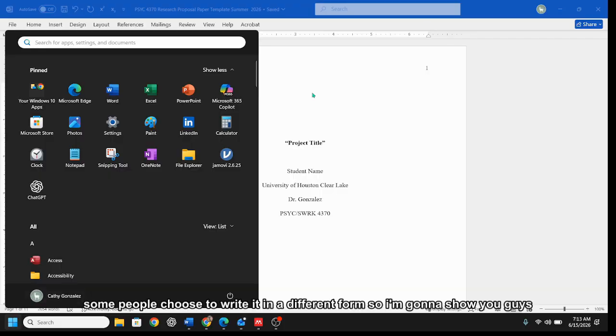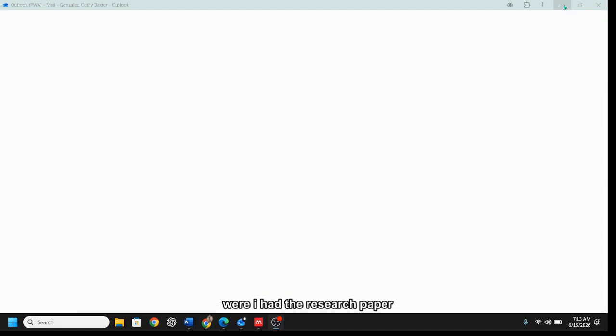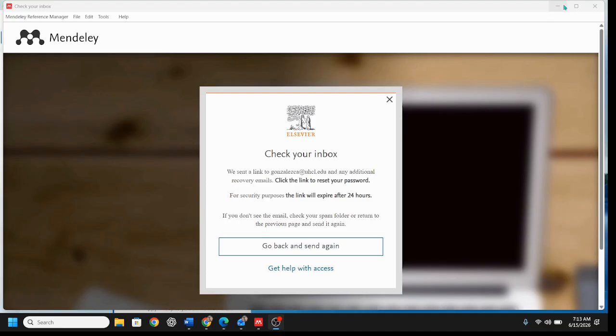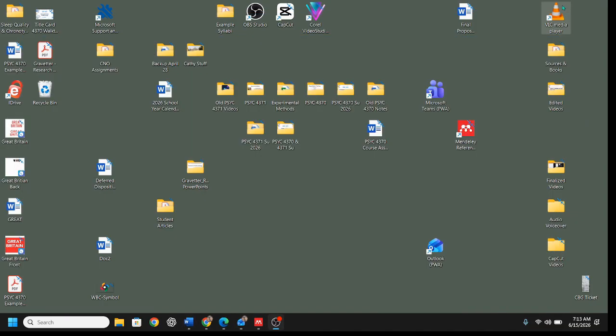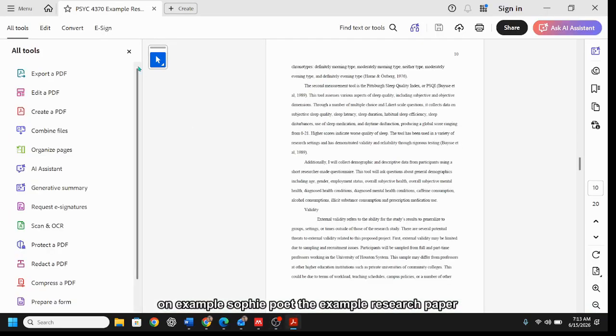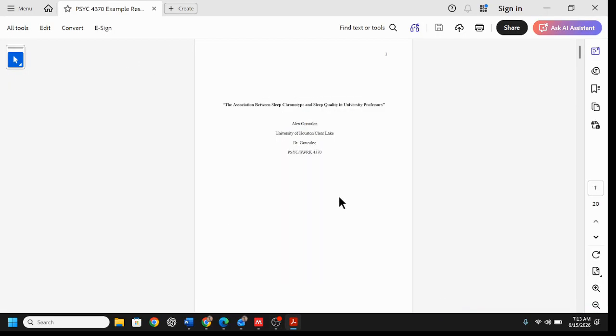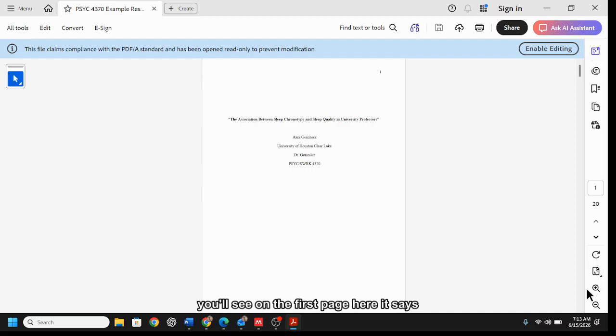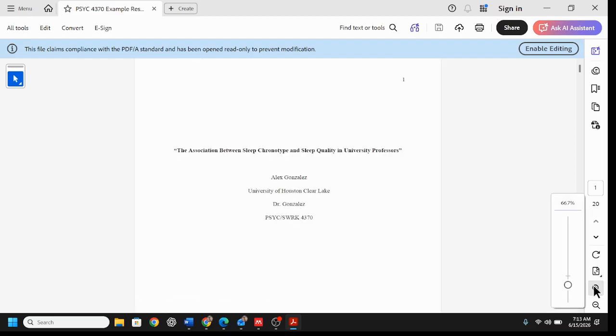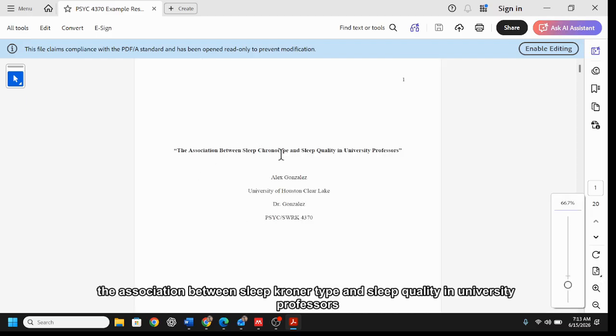So I'm going to show you guys where I have the research paper example. So if you pull up the example research paper, you'll see on the first page here, it says the association between sleep chronotype and sleep quality in university professors.